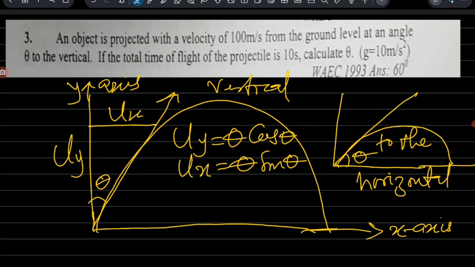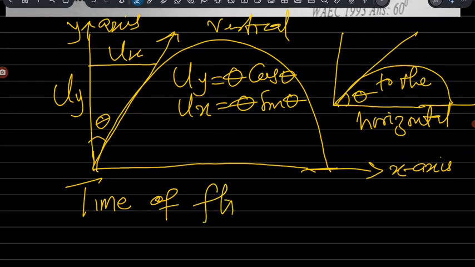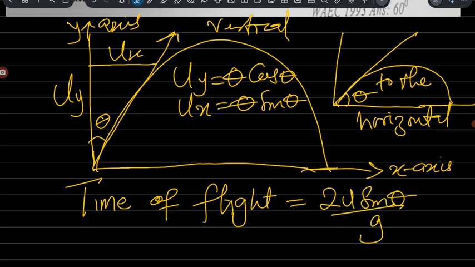Therefore, say the total time of flight of the projectile is 10. The formula for the total time of flight is equal to 2u sine theta over g. This is the formula for the total flight.